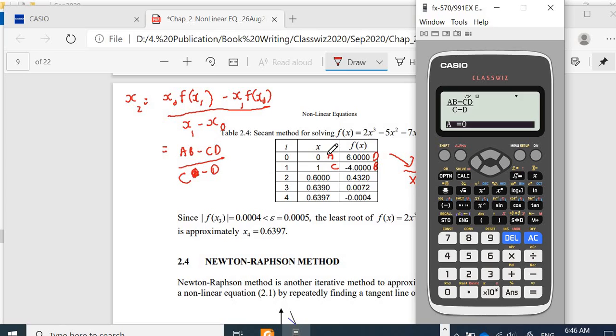The formula is wrong. It's C minus A. Okay, I key in the wrong formula.